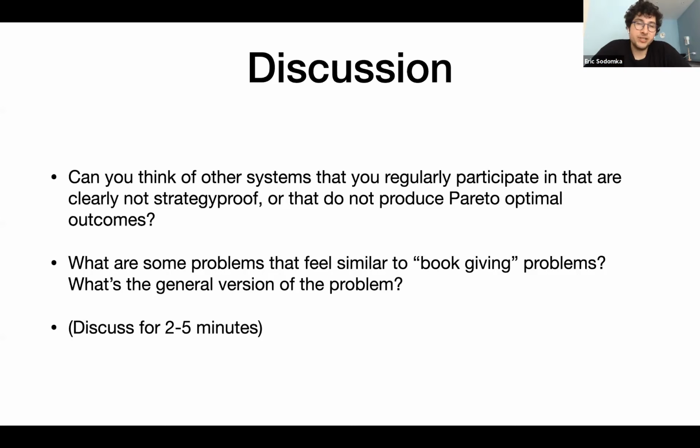So the question is, how does this pattern match in your everyday life? And can you think of any examples of this where you see some inefficiencies in the way things are working around you? And if you can, it could be that you becoming an expert in mechanism design actually allows you to solve some of those problems.